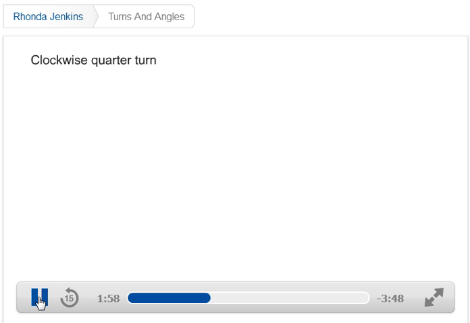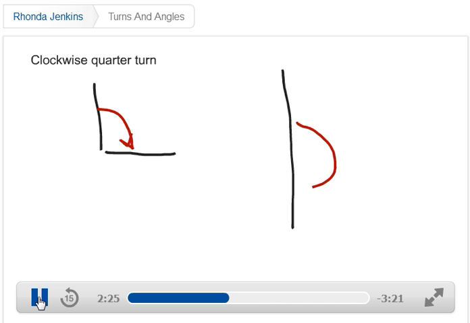A clockwise quarter turn. First we have one side and the turn, and the arrow's direction goes toward the 3 on a clock, right? So that's a clockwise quarter turn. If you take a look at a clockwise half turn, what's that going to look like?